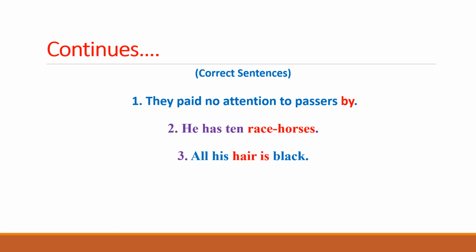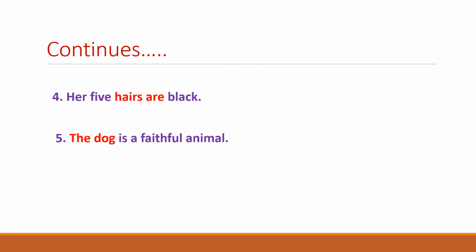All his hair is black. When we use the hair as a whole, then it is used as singular. That's why S has been removed from here and R has been replaced by his. All his hair is black is the correct expression. The next sentence, her 5 hairs are black.